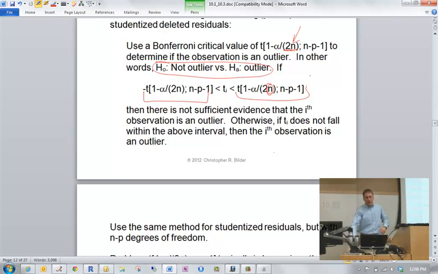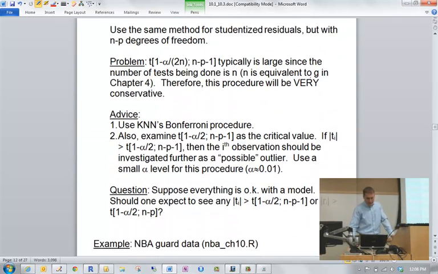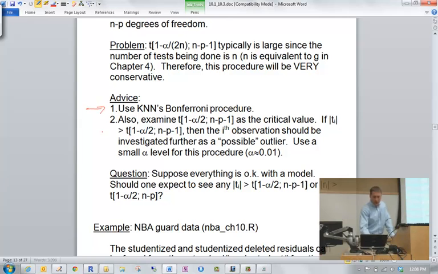So here are my general recommendations. Use our book's Bonferroni procedure, but also at least take a look at the non-adjusted critical values as well. If you see something outside those non-adjusted critical values, you might start to suspect there may be some issues, some outliers.